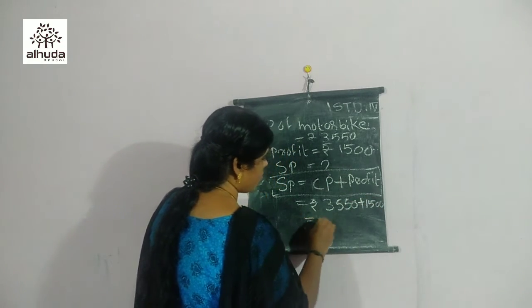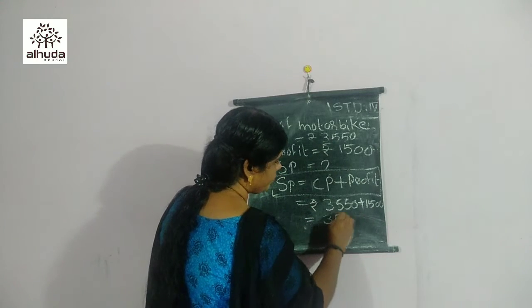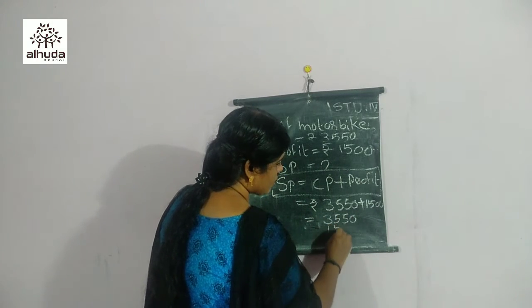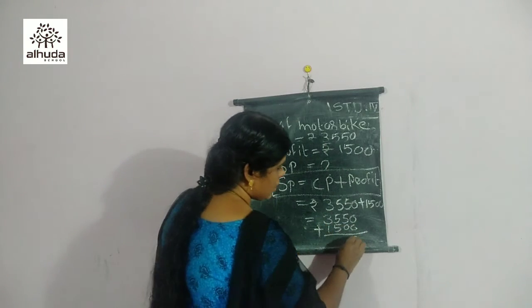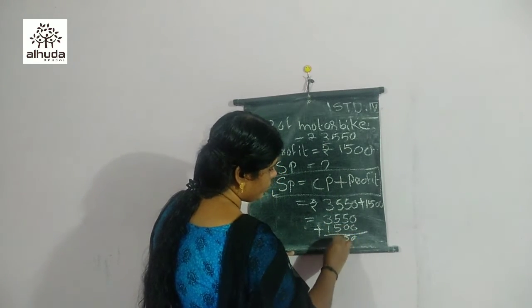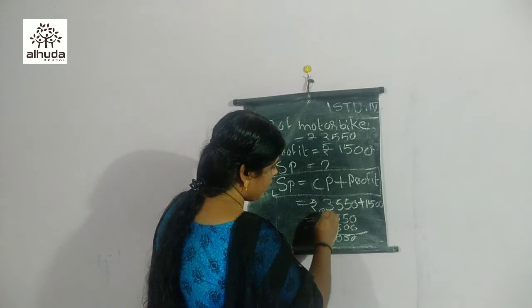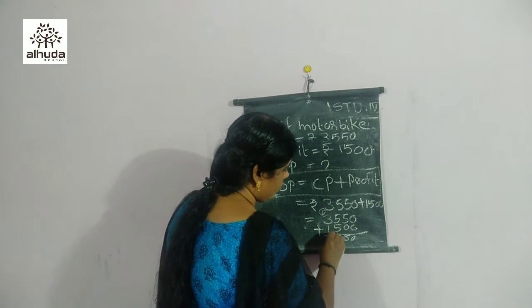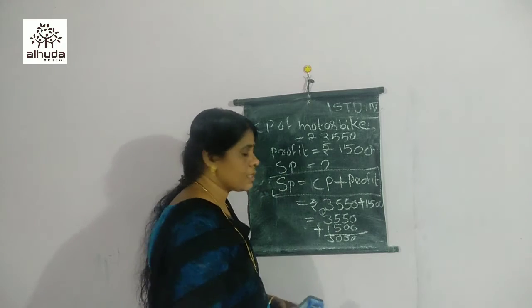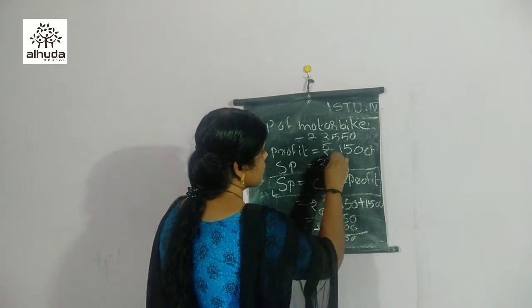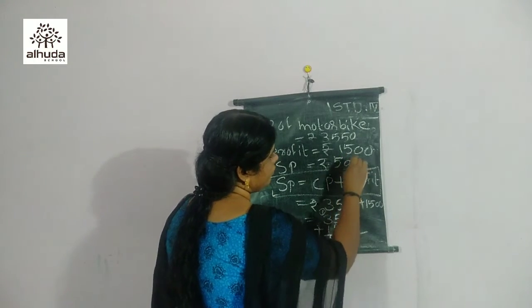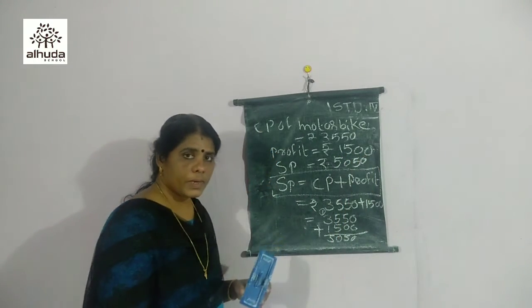We should add both. 0, 5 plus 0 is 5, 5 plus 5 is 10, 1, 3 plus 1 is 4, plus 1 is 5. So SP is equal to rupees 5,050.